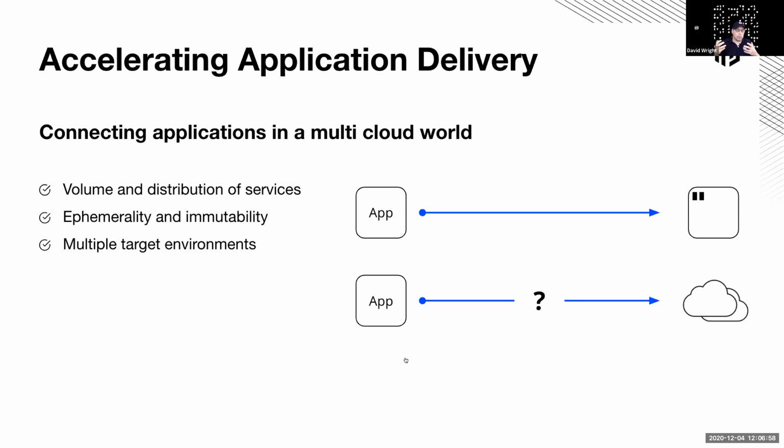Together with the SRE teams and the cloud operating teams, these groups are becoming more and more responsible for being able to deploy and connect those well together. And all of that adds to challenges and makes life a little bit more complex than it used to be.